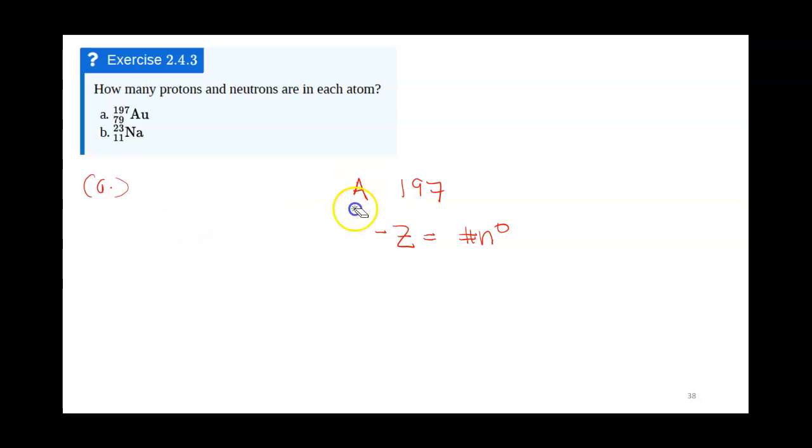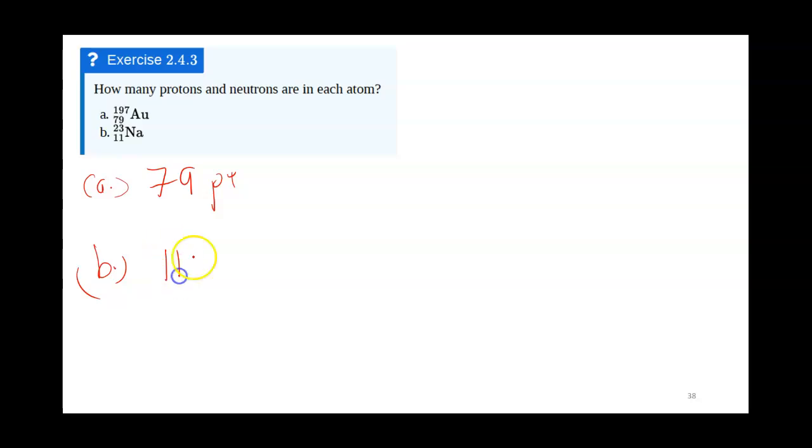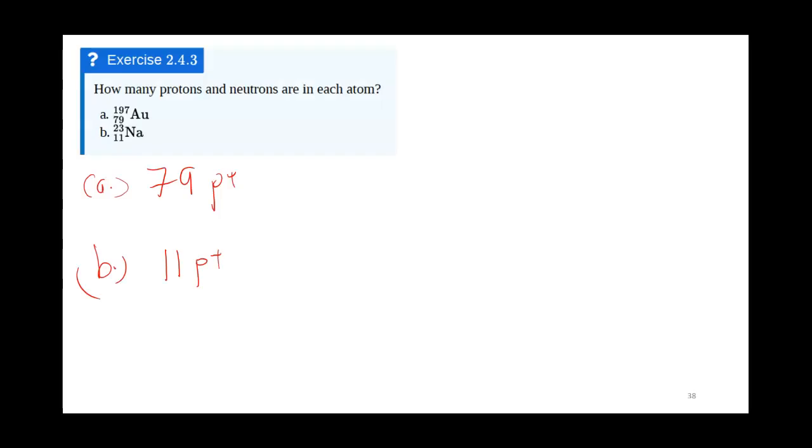So in the first case here, we have atomic number 79 for gold. So that indicates that we have 79 protons. And then in the second case for B, we have atomic number equals 11. So that means we have 11 protons for sodium. In order to calculate the number of neutrons, we have to take the mass number and subtract the atomic number.